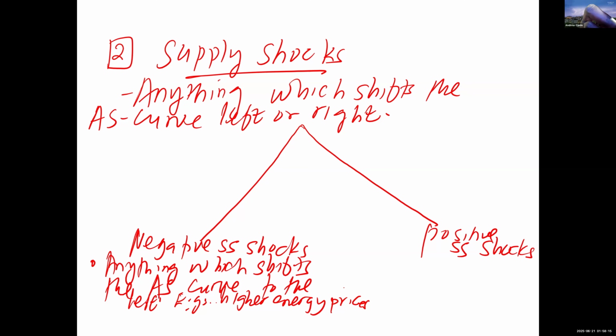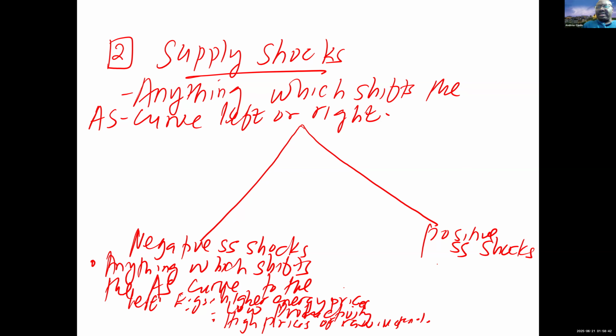Things like low productivity, when workers' productivity falls, can affect the supply negatively, shifting it to the left. It could be things like higher prices of raw material, like supply chain issues. All those are going to shift the supply curve to the what?